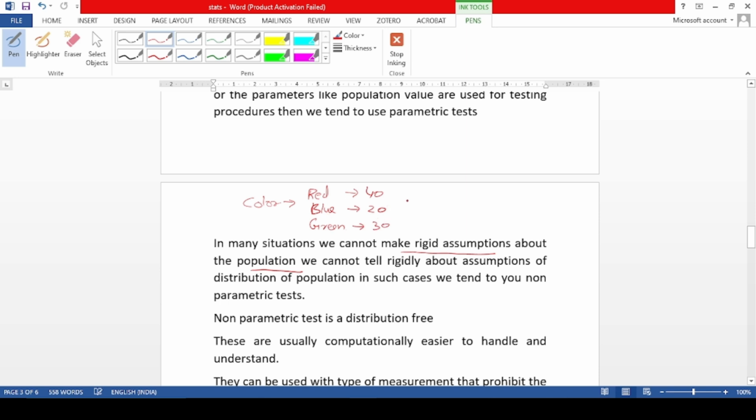Can you tell the perfect parameters? We are not able to. We are just relating the categories of color to some people. So in such cases, we are not able to make rigid assumptions about the population, or about the distribution.